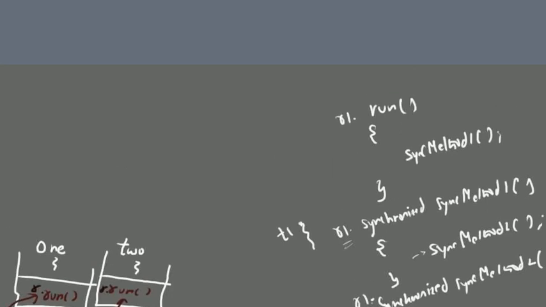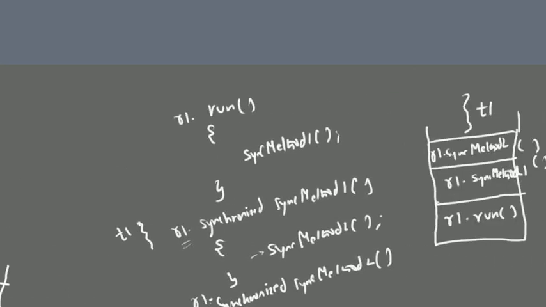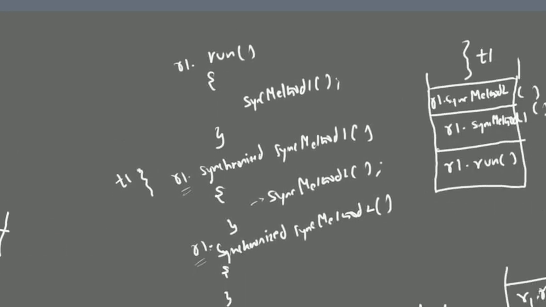Now, if for example T1 has the lock of R1, it started, which would invoke run on R1, and then the run method would invoke a synchronized method.